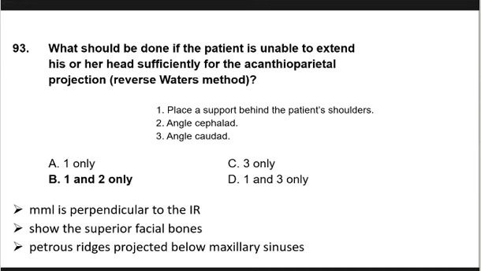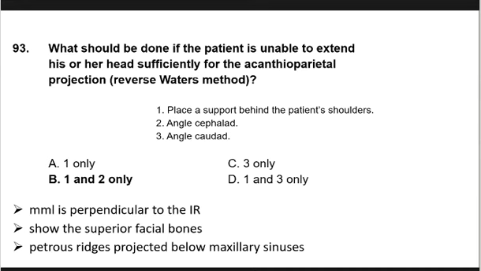And the reverse Waters is also used to demonstrate the superior facial bones. To demonstrate the superior facial bones better, this can be performed in a reverse Waters method.